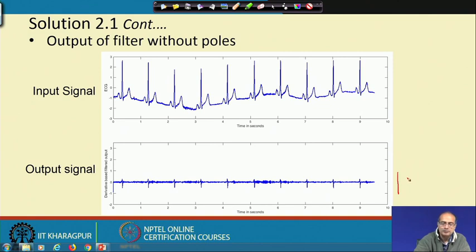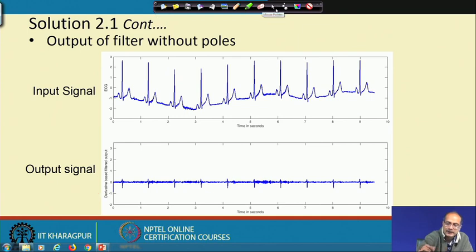We have lost the P wave, we have lost the Q wave, and the QRS complex is also almost lost. We have hardly any of the original signal left in the output. Though we are very successful in removing the baseline wandering, we lost a good part of the signal energy.